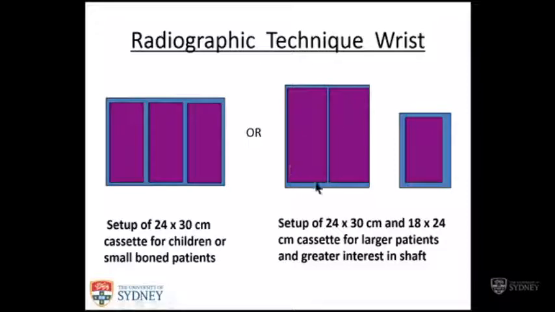Because you can't separate reconstruction algorithms over a cassette, in other words, in this case, what algorithm will you pick? Will you pick a PA, an oblique, or a lateral? The answer is it doesn't matter. It doesn't really matter what you pick because they're all so similar. And the same here. Whether you pick a PA or an oblique, it doesn't matter.